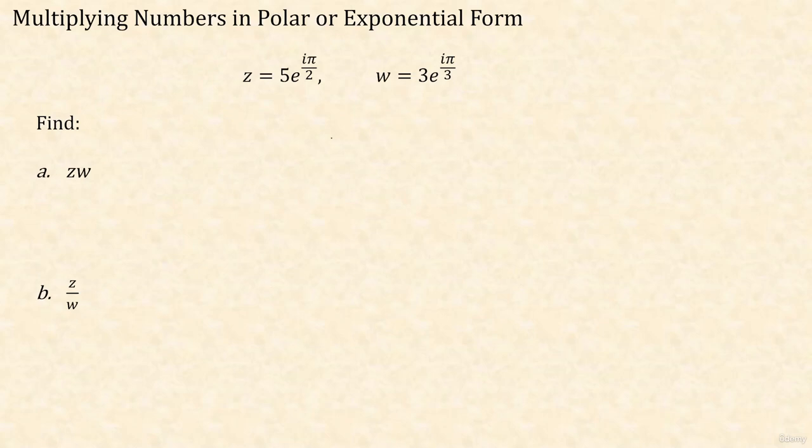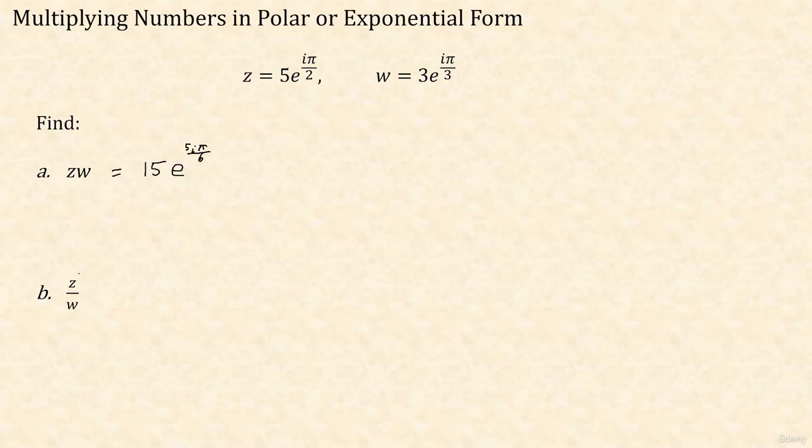Okay, here are some more examples. So here are two complex numbers given in exponential form. How do we find z times w? Well, we simply multiply the moduluses, so that's 15, and we add the arguments, so that is pi over 2 plus pi over 3, and so we get 5 pi over 6 there, so that's 15e to the 5i pi over 6.